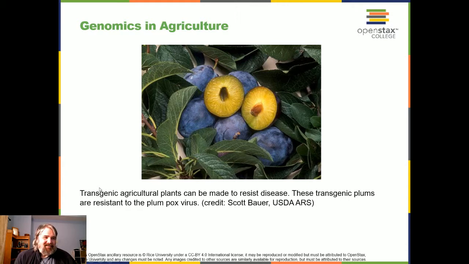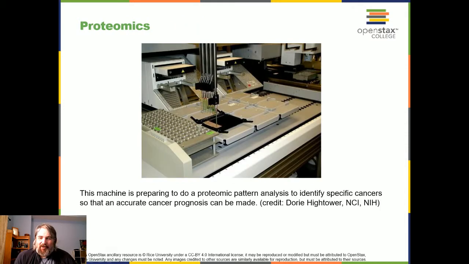So again, transgenic plants. These are plums, resistant to the plum pox virus. I don't know if these are on the market, though. And then proteomics, of course, where we look at the proteins. I don't know a ton about proteomics, I'll be honest.